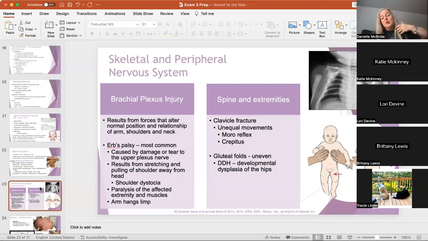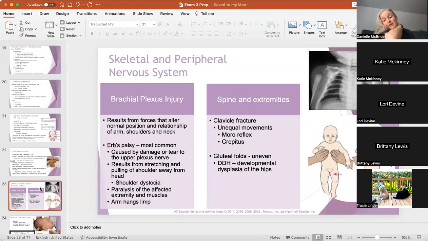Okay, so the nerve plexus lives in this area. And if we have a baby that has a shoulder dystocia, and they're really pulling on that head to try to get the shoulder to come underneath the pubic bone, they can stretch or even tear the brachial plexus.